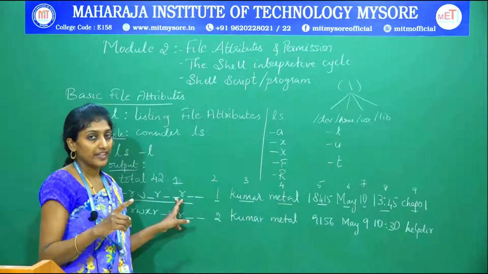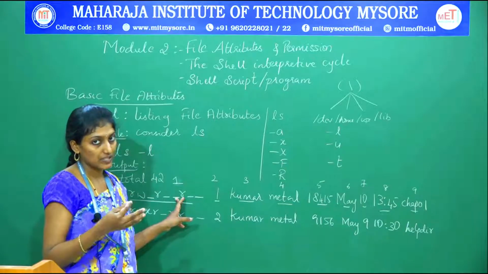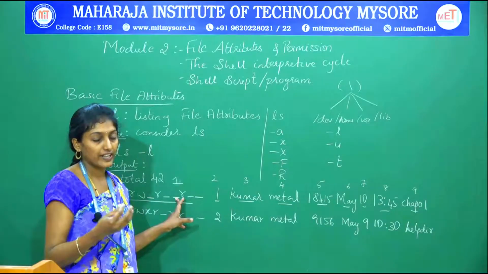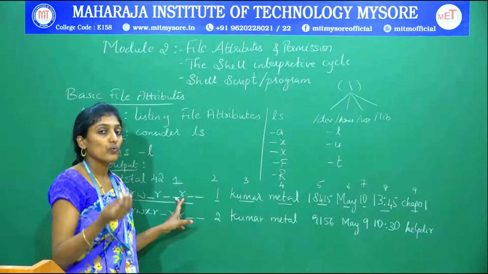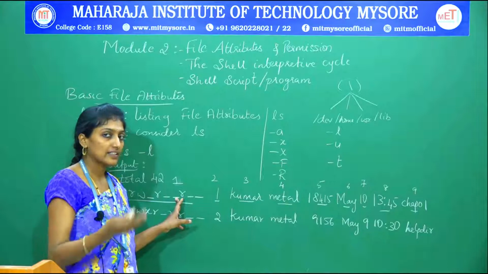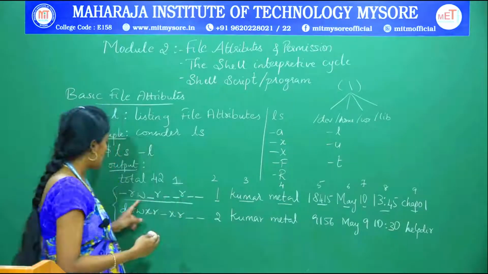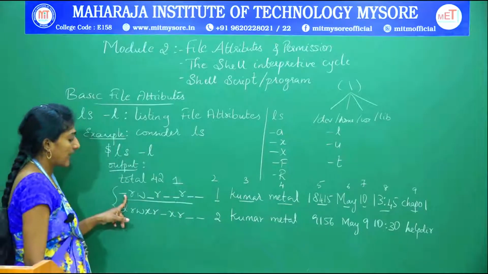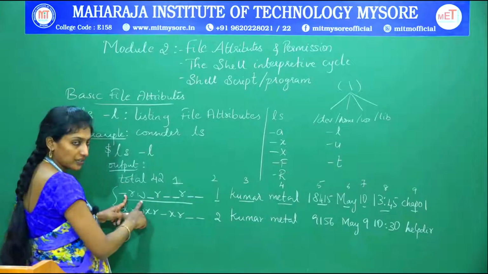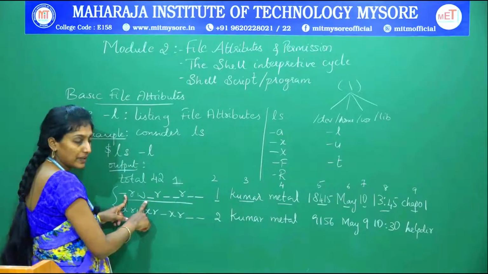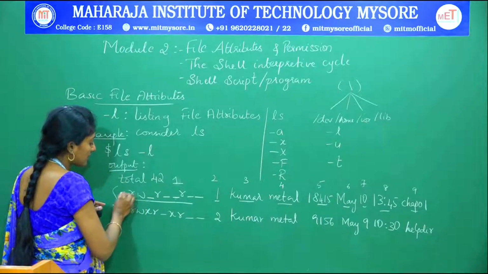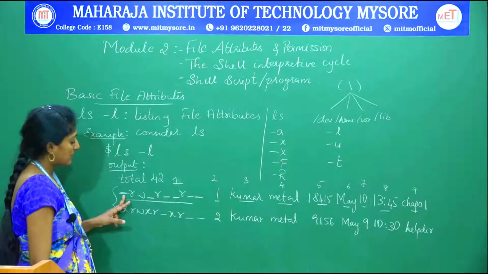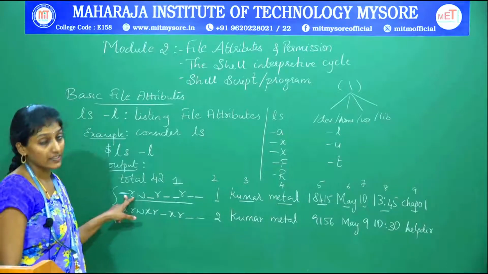As we have discussed in the previous chapter, we have 3 types of files: ordinary file, device file, and directory file. So the file falls into one of these 3 categories. If the first character in the first column is a hyphen, this represents that it is an ordinary file.